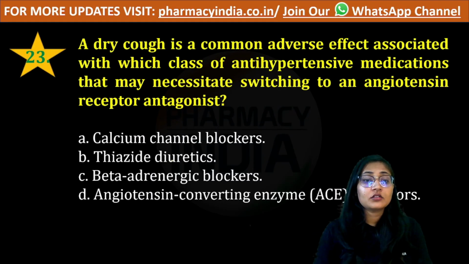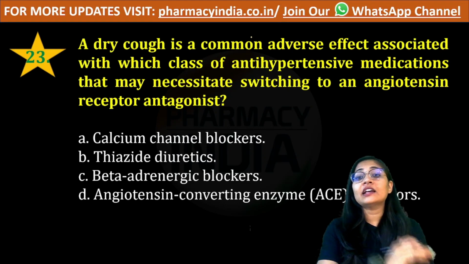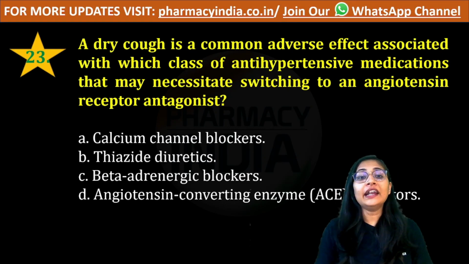Okay. So question number 23. The question says that a dry cough is a common adverse effect associated with which class of antihypertensive medication, which necessitates switching the drug from that class to an angiotensin receptor antagonist.